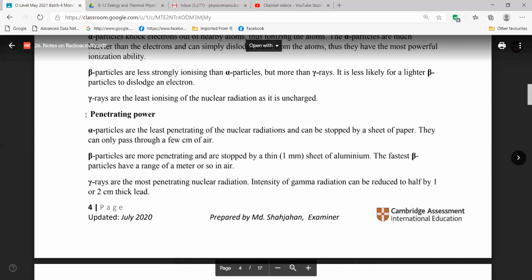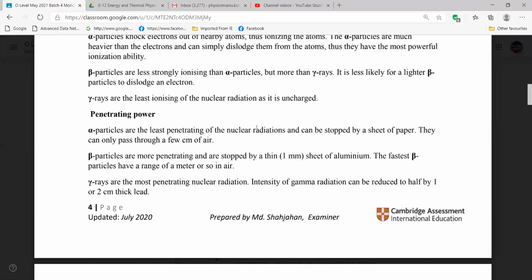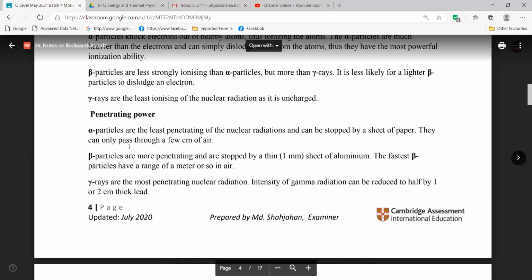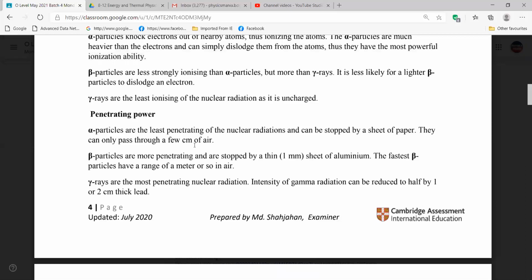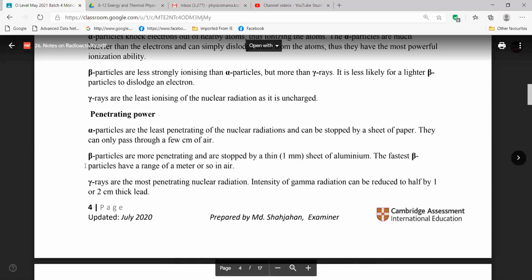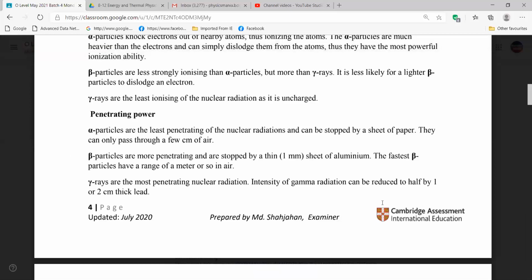Look here, alpha particles can be stopped by a sheet of paper, and they can only go through the air a few centimeters, around 5 centimeters. Now beta particles can be stopped by a 1 millimeter sheet of aluminum.